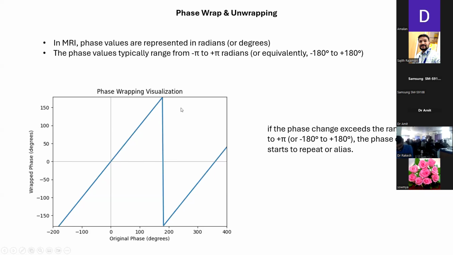So 190 minus 360 gives minus 170. This is our original phase, and it is plotted as minus 170 degrees.